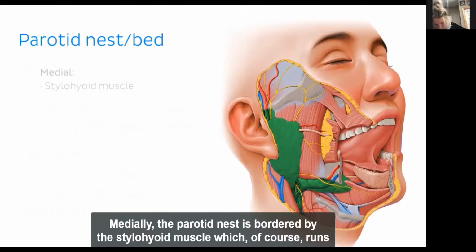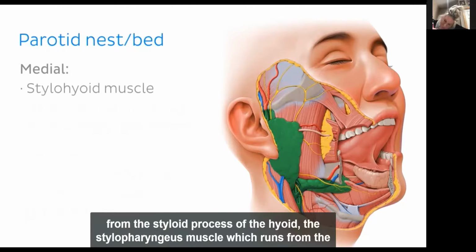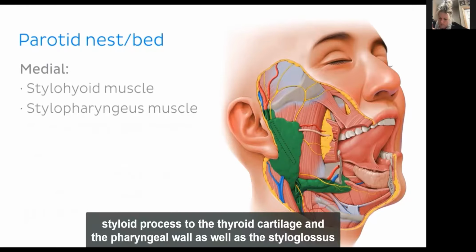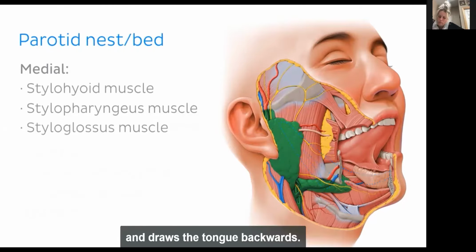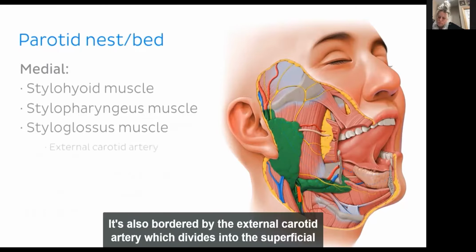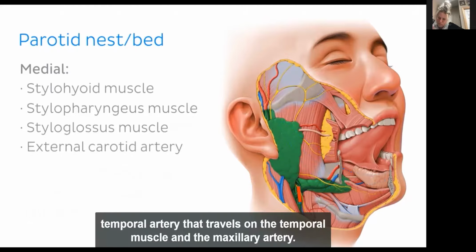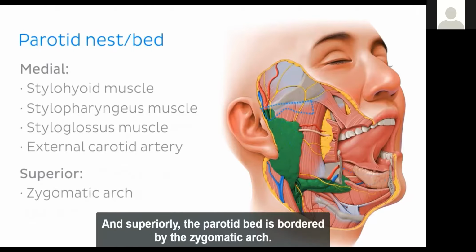Medially, the parotid nest is bordered by the stylohyoid muscle, which of course runs from the styloid process to the hyoid, the stylopharyngeus muscle, which runs from the styloid process to the thyroid cartilage and the pharyngeal wall, as well as the styloglossus muscle, which runs from the styloid process to the hyoglossus muscle and the mandible, and draws the tongue backwards. It's also bordered by the external carotid artery, which divides into the superficial temporal artery that travels on the temporal muscle and the maxillary artery. And superiorly, the parotid bed is bordered by the zygomatic arch.